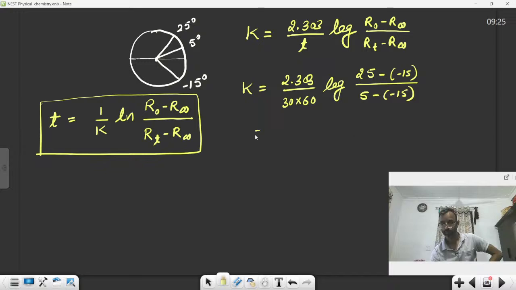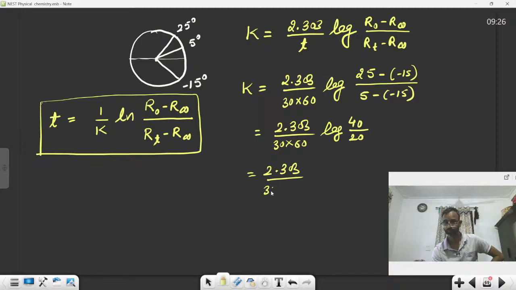So it is 2.303 by 30 into 60 log of 40 upon 20, log of 2, that is 0.693 by 1800.